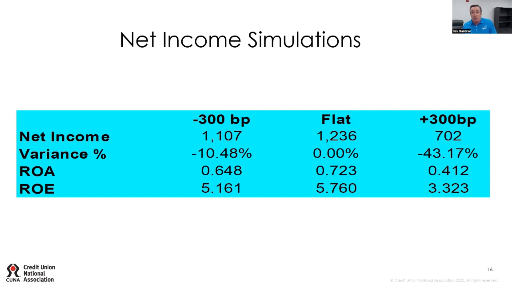In a decreasing rate environment, maybe my loan balances, as an example, don't change. But if all the members are refinancing their loans to a lower rate, well, that's less income to me, which means that my yield on assets is going to go down, even though I might be able to keep the same amount of loans on my books.